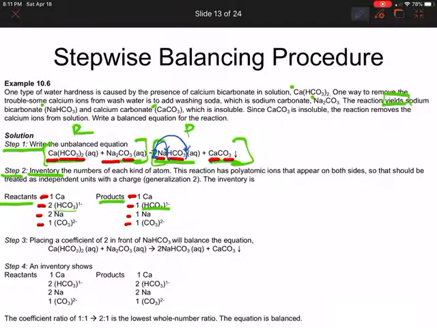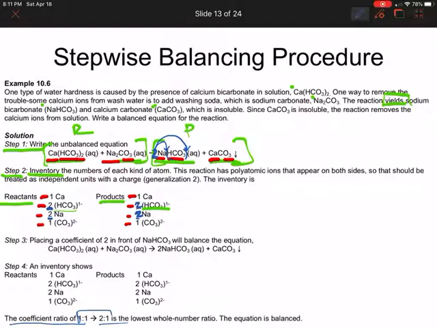So now you have 2 bicarbonates, but you also have 2 sodiums. Did that just fix all your problems? Yes, because you needed 2 bicarbonates and 2 sodiums, and you had one of the other things. So everything's balanced.